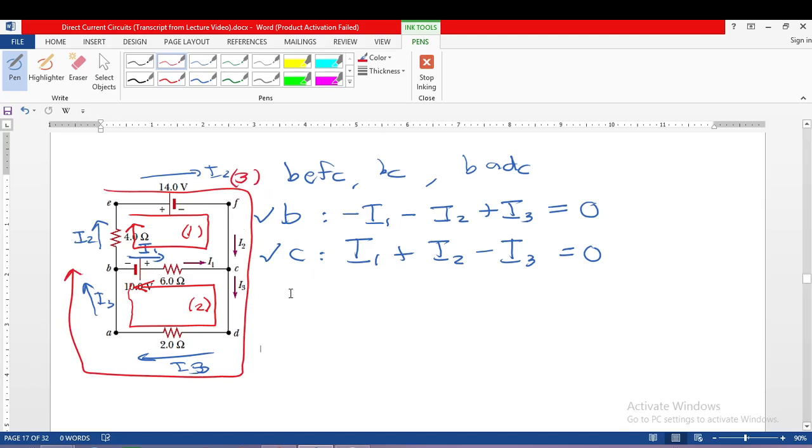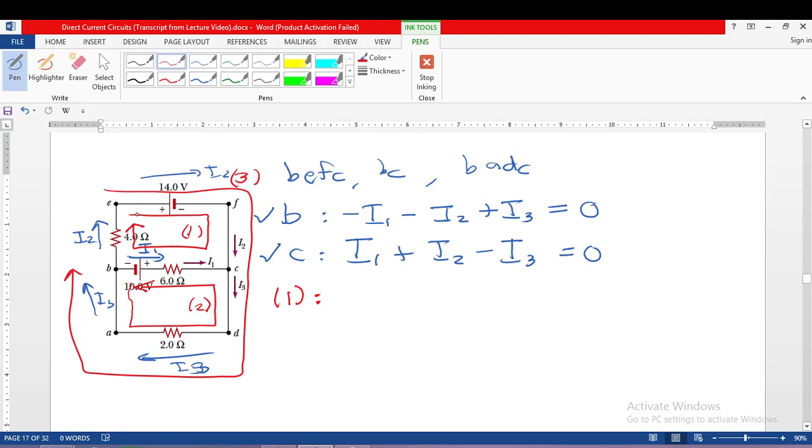Okay, so in loop 1, we have to make a relationship between the voltages across loop 1. Loop 1 consists of 14 volts, the 6 ohms, the 10 volts, and the 4 ohms.